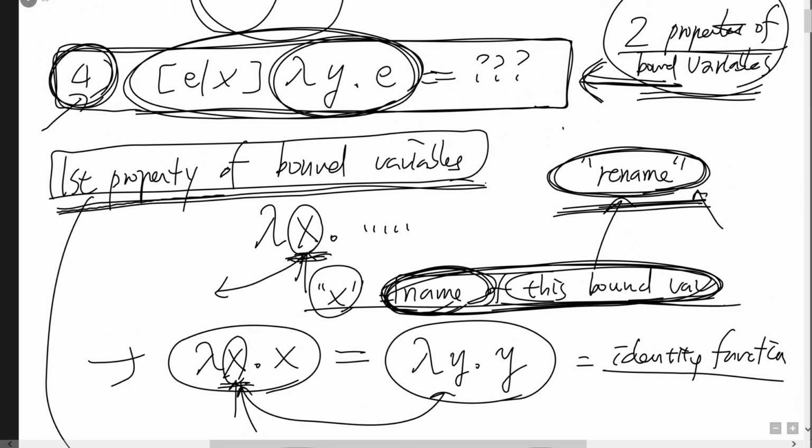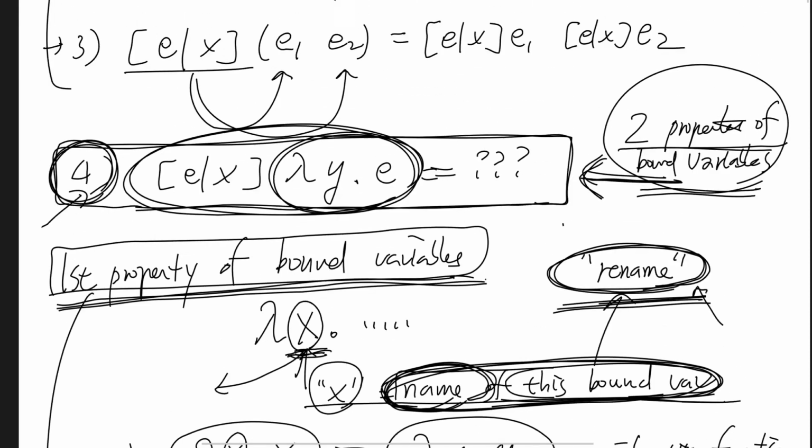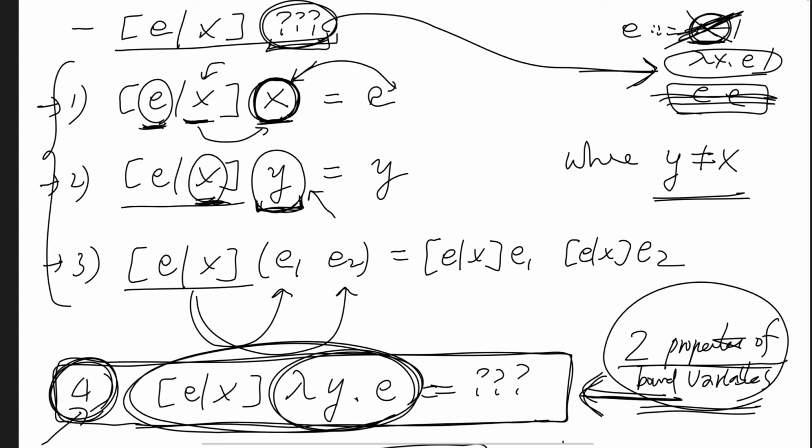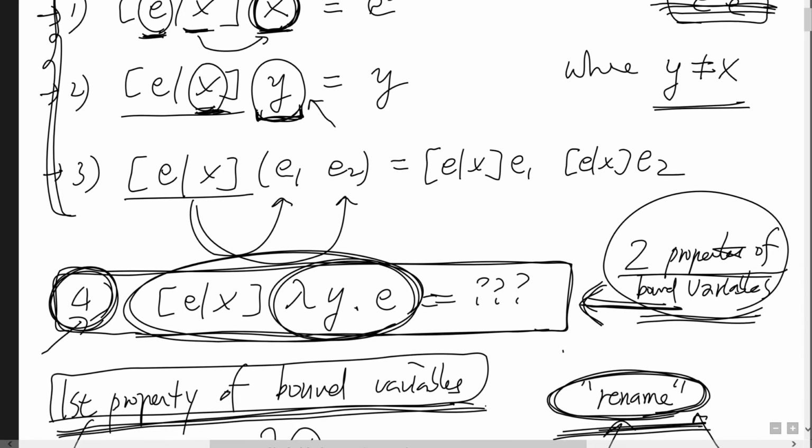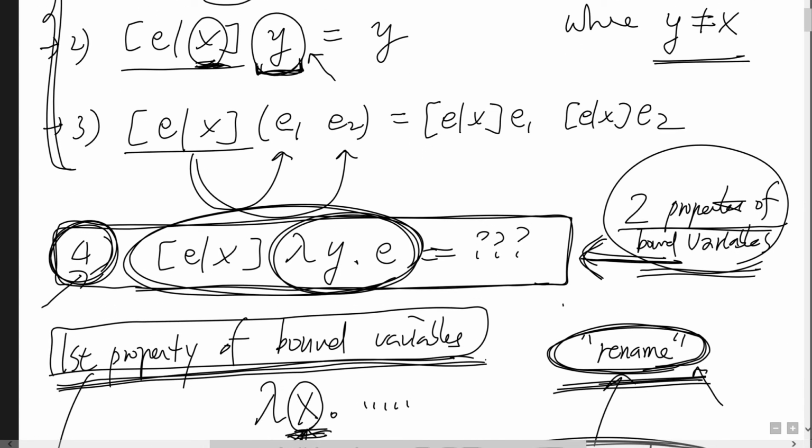The first property is you can rename bound variables without changing the meaning of a given expression. So back to the definition of substitution. These cases are gone, and we have finished the first part in the last case.